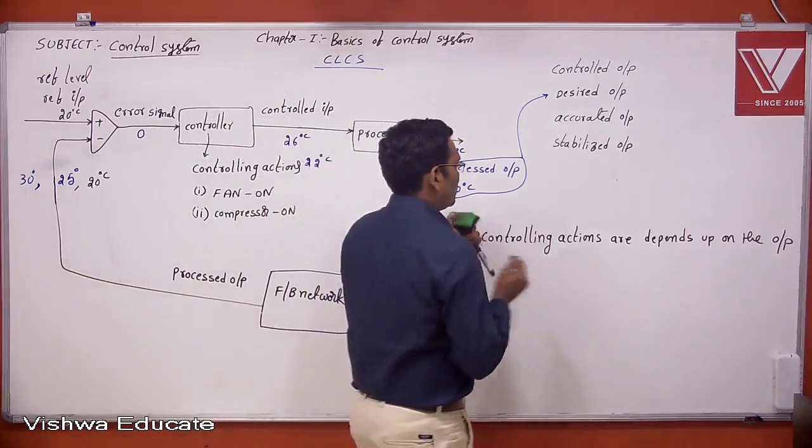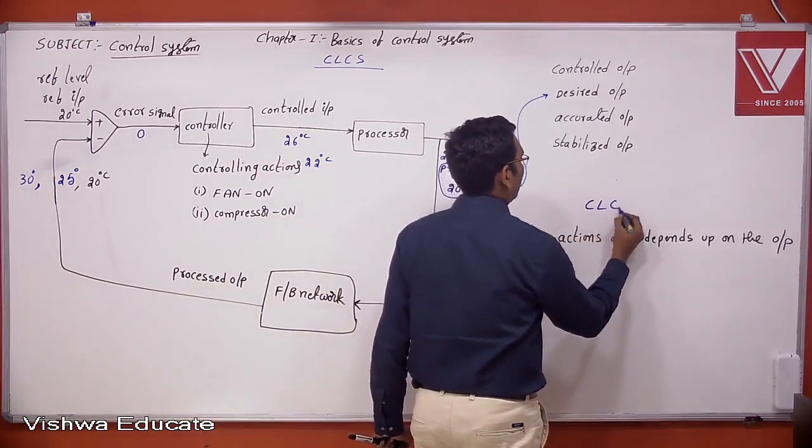Then that control system is said to be a closed loop control system.